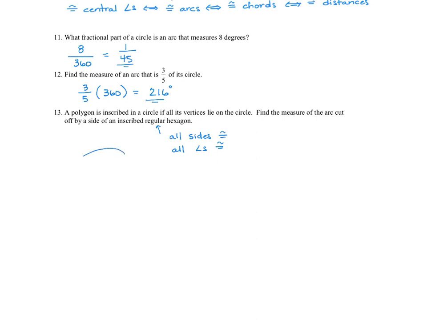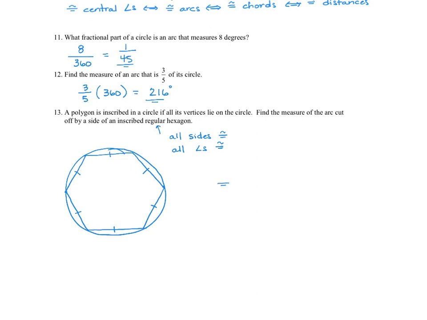So if I do my best to try and draw what they're talking about here, I have a regular hexagon inscribed in a circle. So all of these sides would be congruent, and if it's inscribed in the circle, then all of the sides of the regular hexagon are chords of the circle.